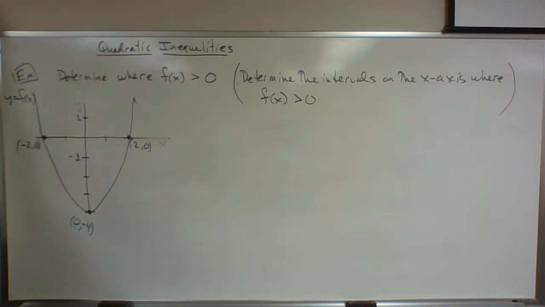This graph's going to keep on going like that. So really from -infinity to x equal -2 on the x-axis, the graph of f of x is above the x-axis, so f of x is positive.